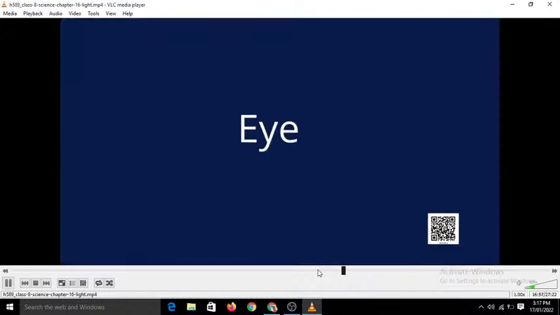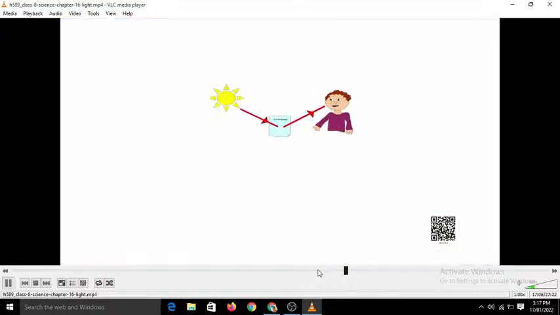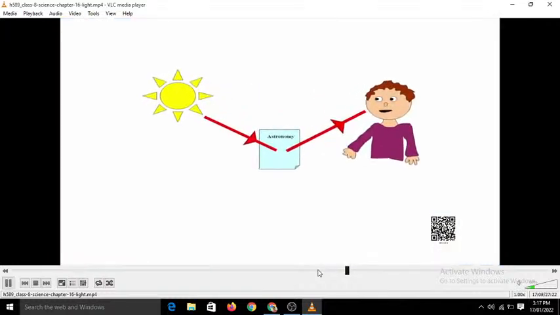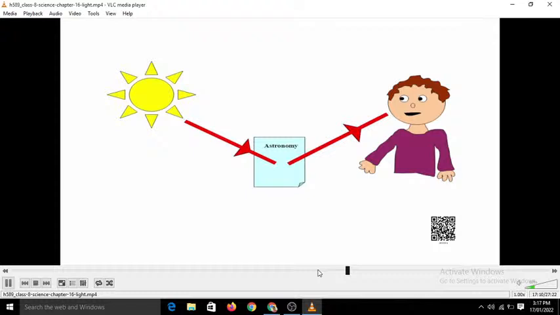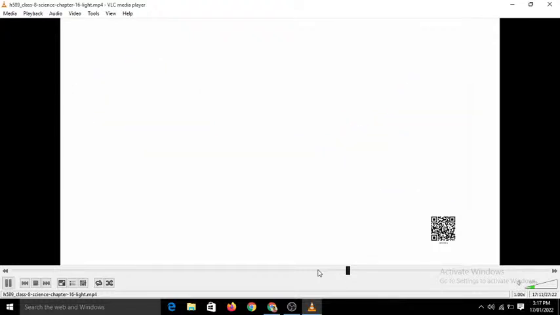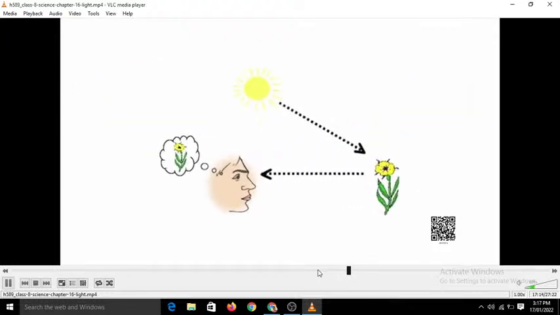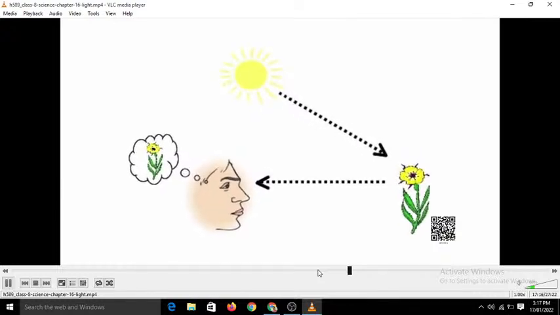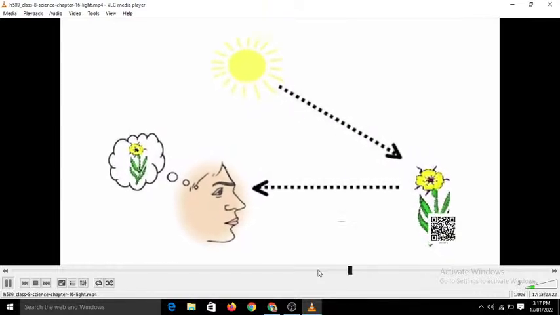Now let's learn about very important sense organ of our body, that is our eyes. Children, we have learnt that we can see things due to reflection of light. Now let's see what happens when these reflected rays enter our eyes.